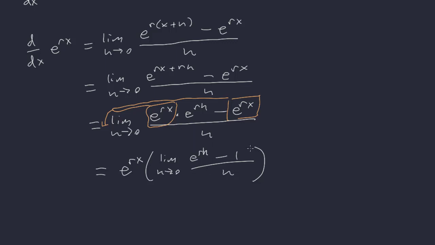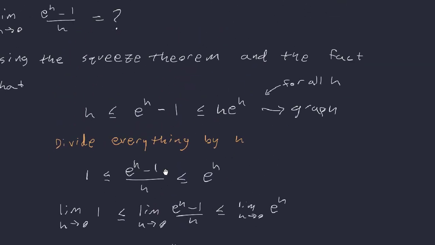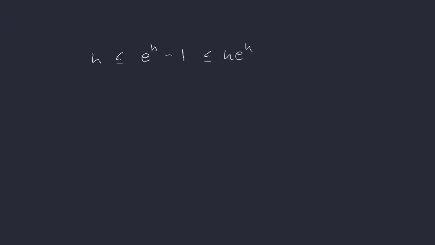Okay, so to figure that out, let's go back to what we had here. To isolate that a little bit, this statement is true for all h. Now what I'm going to do is replace every h with r times h.